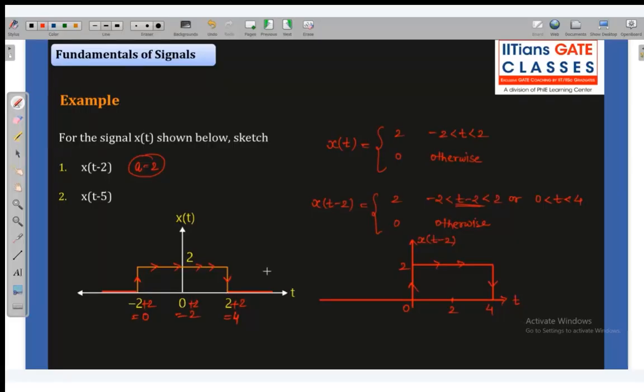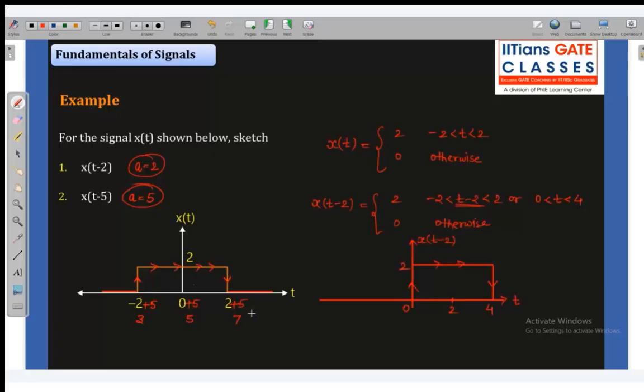Okay. So now what will be the range of the signal when a is 5? Can you tell me? When a is 5, what will be the range? So when a is 5, this is plus 5, this is also plus 5, this is also plus 5, it will be 3, it is 5, it is 7.